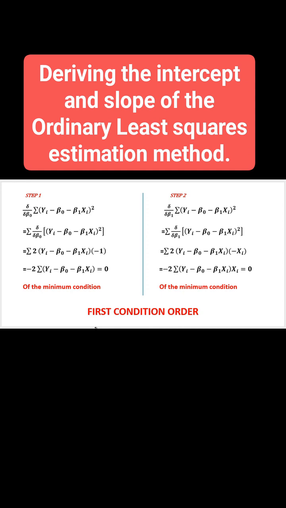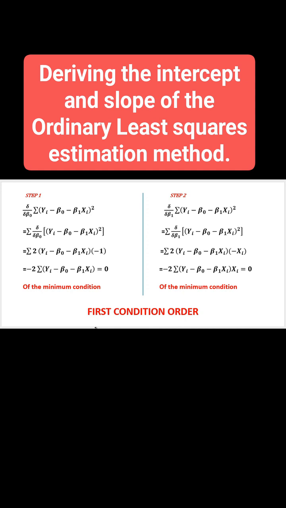So we'll move to step 2. In step 2 we would do the same thing, except that you would have your whole equation being multiplied by xi. This happens because when you are deriving with respect to beta 1, you know that beta 1 is the coefficient of xi.